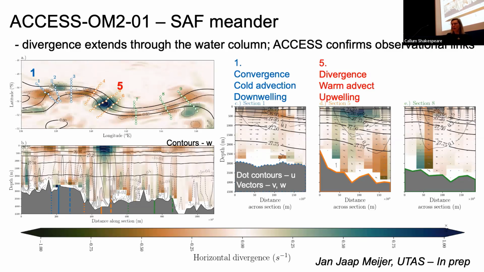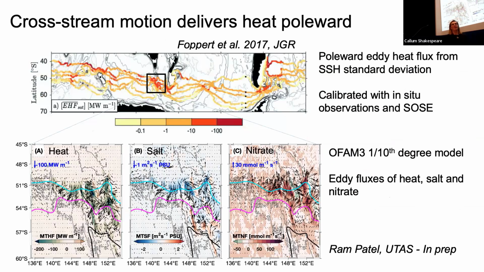So that's work in prep for publication, but confirms what we were seeing in the observations. So all of these small scale processes are delivering what we observe in these large scale maps, like this one from Annie, of poleward heat transport.